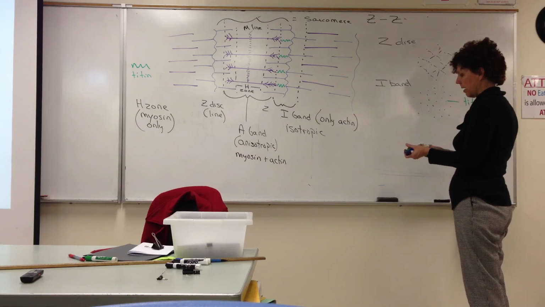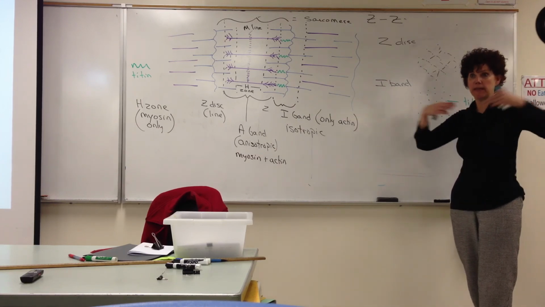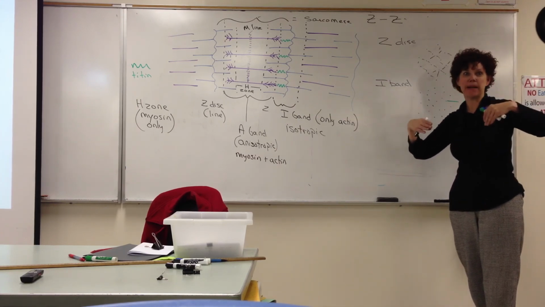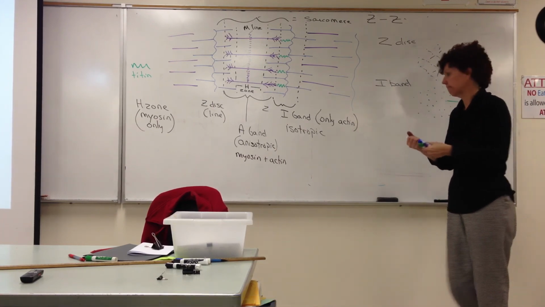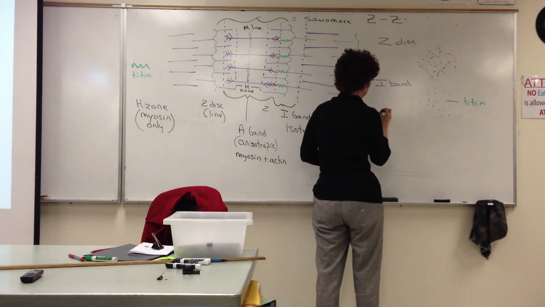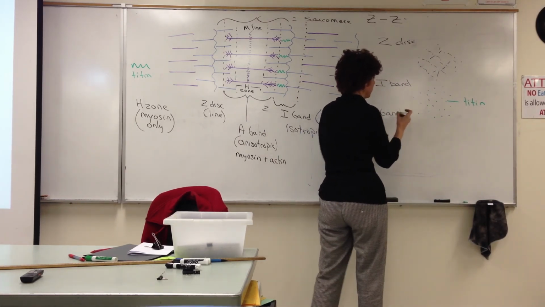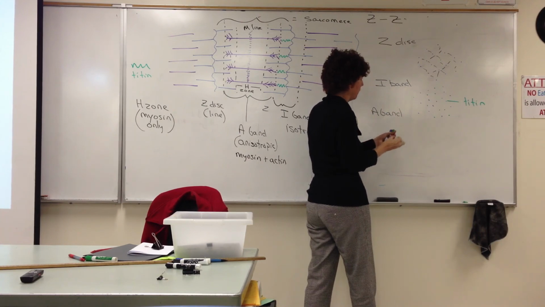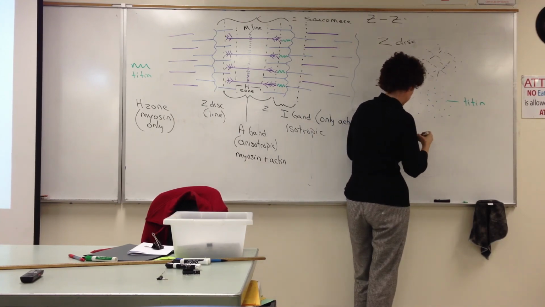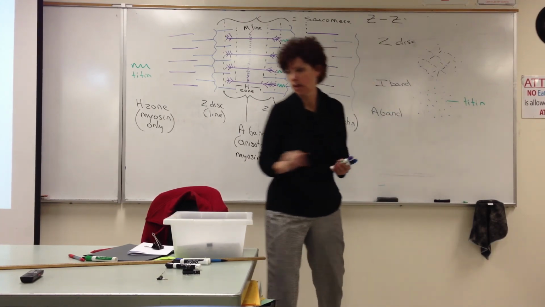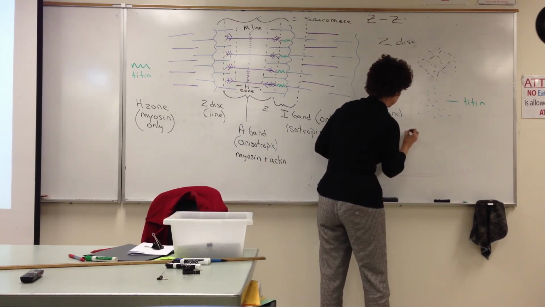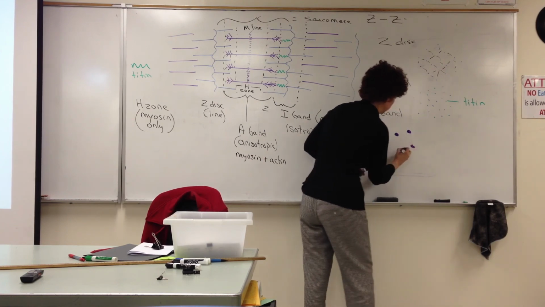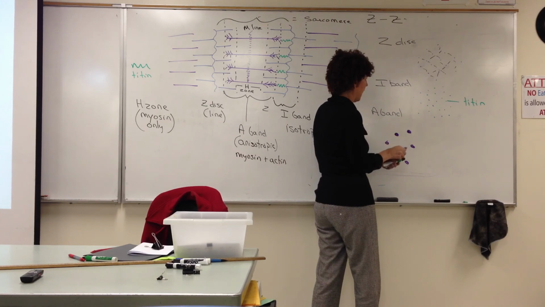All right, now the A band has two parts, right? It has the part that has the overlapping actin and myosin, and it has the H zone, which is only myosin. So the overlapping part is going to have the big myosin filaments with the smaller actin around them.